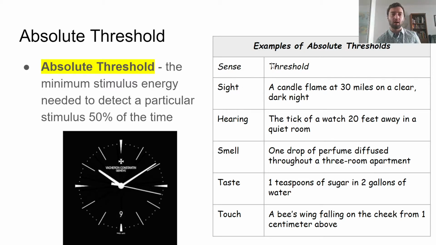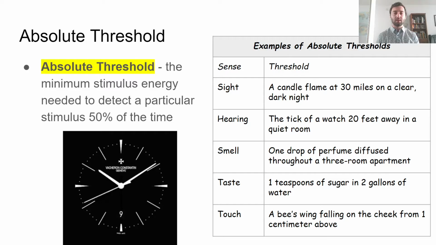So that's going to get us to a few more pieces with sensation. There are also limits to our senses, right? There are 2 big ones that we're going to talk about. The first one is what is called absolute threshold. Absolute threshold is the minimum stimulus energy needed to detect a particular stimulus 50% of the time. Now, that's a wordy definition.